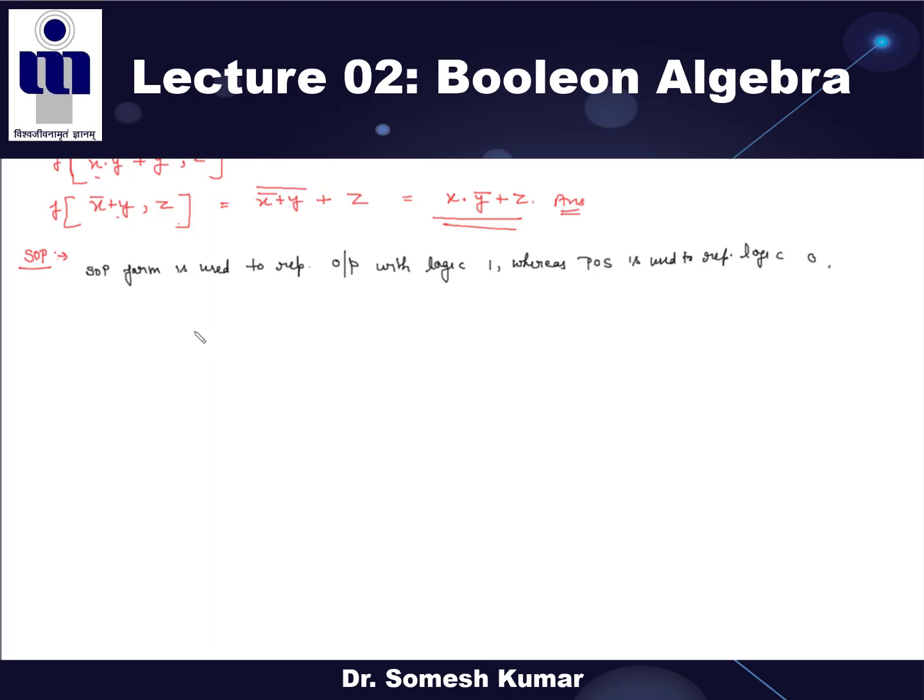So this is your A bar BC. This is basically your SOP form.